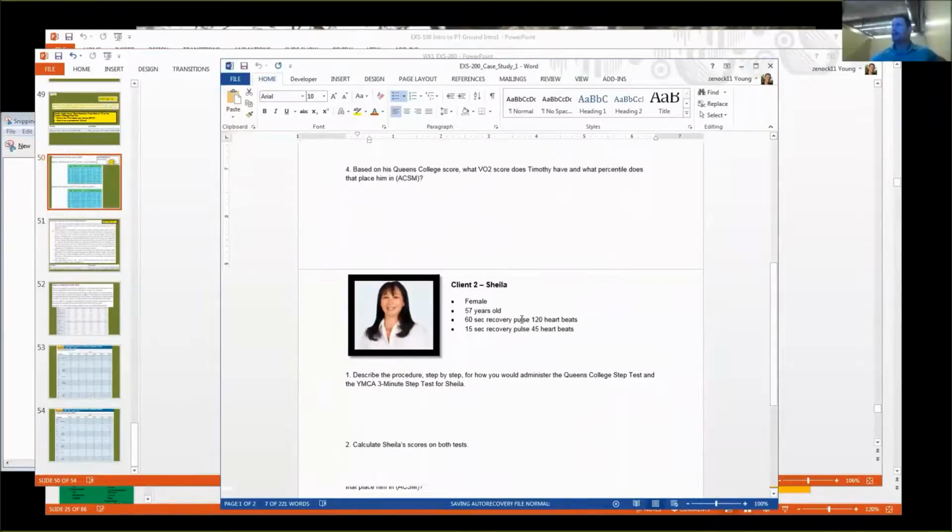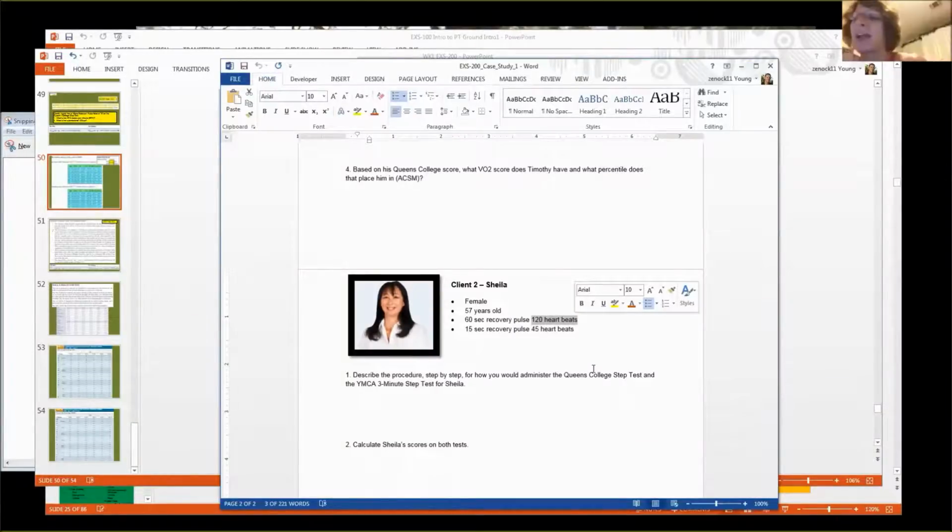She had 120 beats. How old is she? She's 57 years old. If I did my math right, I got negative 32. She's below average. Yeah. So is that what people got? Was negative 32?